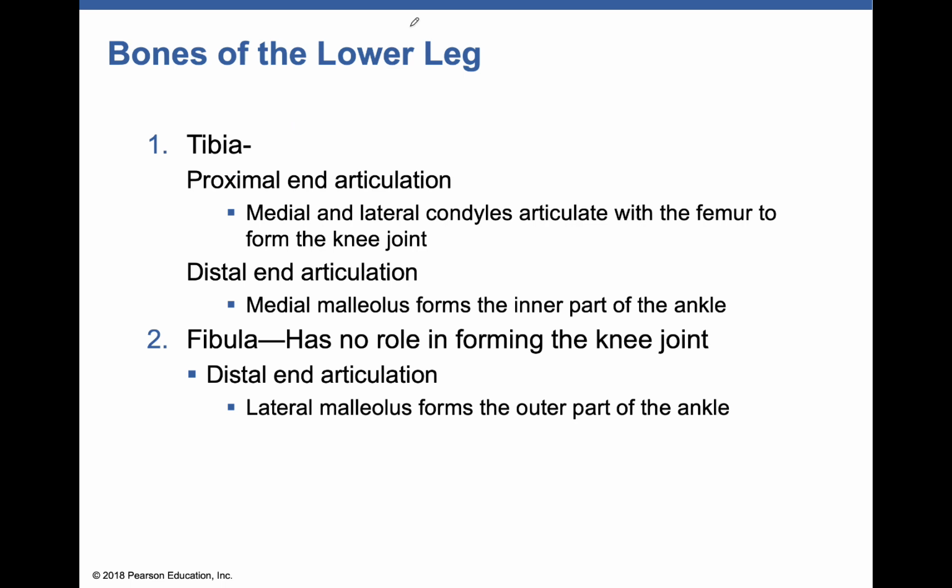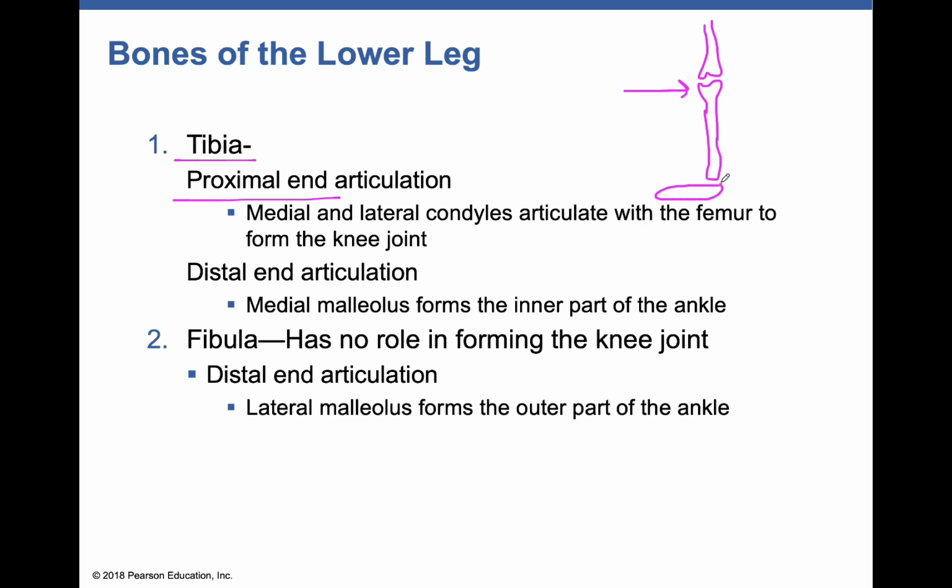So that femur is going to articulate with the bones of the lower leg, primarily the tibia. So the proximal end of the tibia, so if I just draw the femur, and here we have the tibia. So the proximal end, which is this end of the tibia, and let's say your foot is right here.